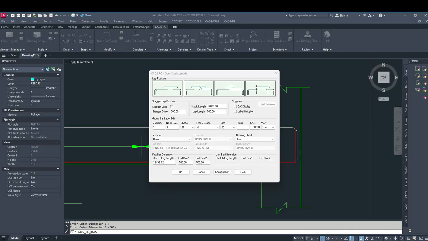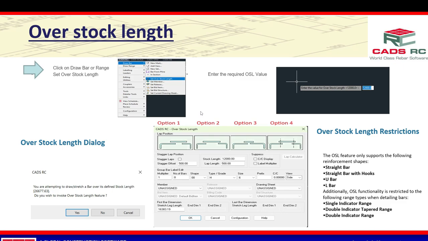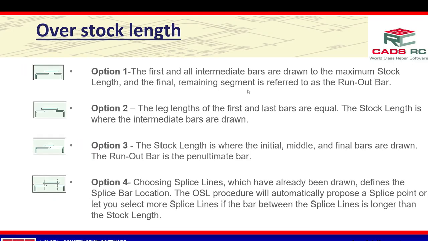And here we have 4 types of lap positions you can see. You can see the lap for all 4 types and all the details. The first one puts the stock length for all the rebars, and the remaining is runout bars, whatever segments we need.